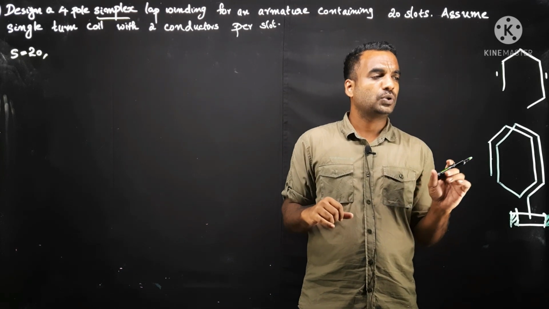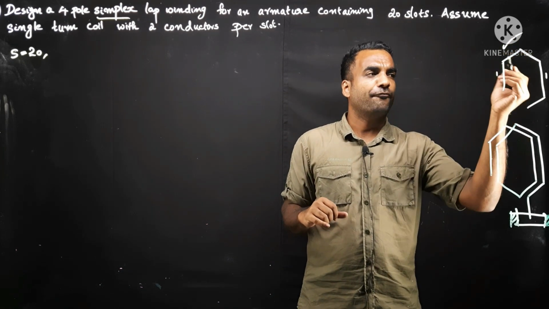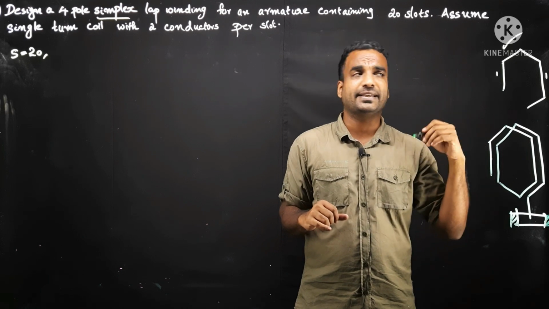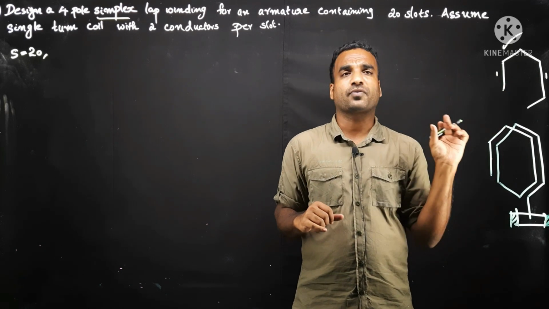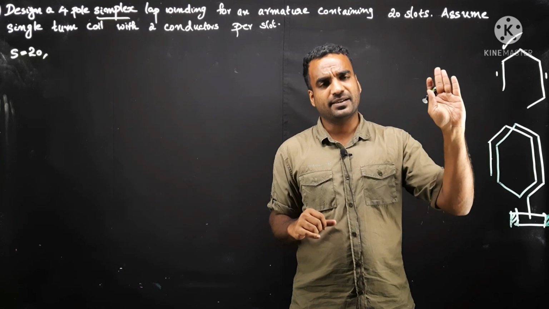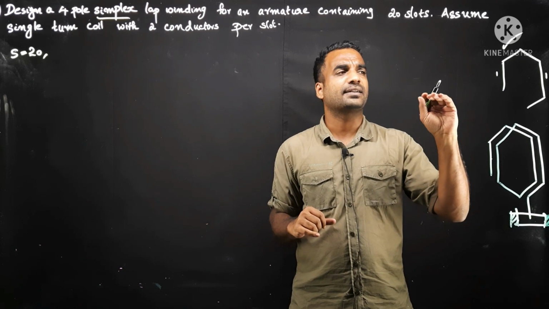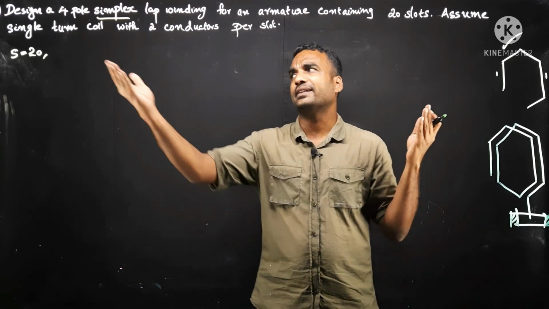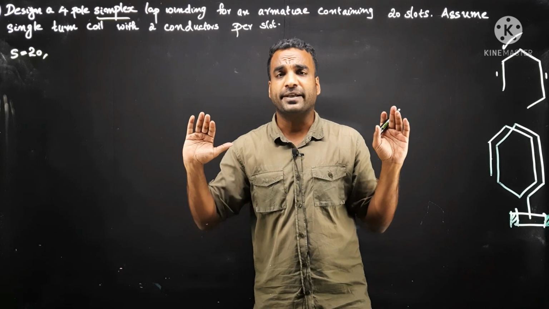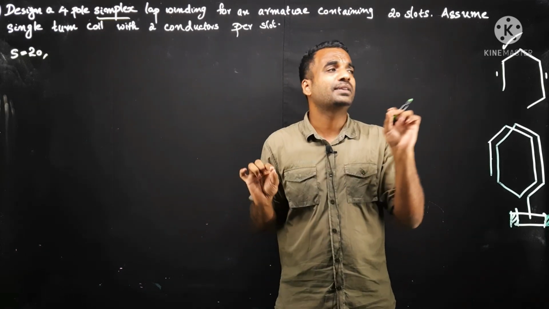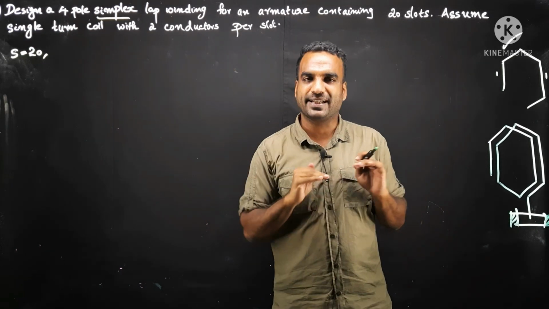Okay, so the number of coils we can easily find out from the number of conductors. In case of a general coil, if they do not mention anything like singleton or doubleton, you have to assume that it is a simple singleton coil.